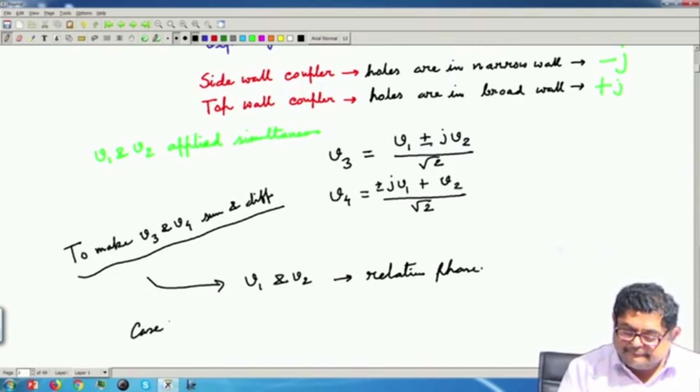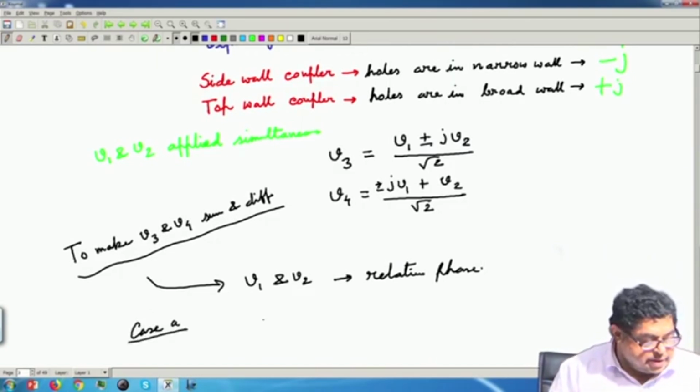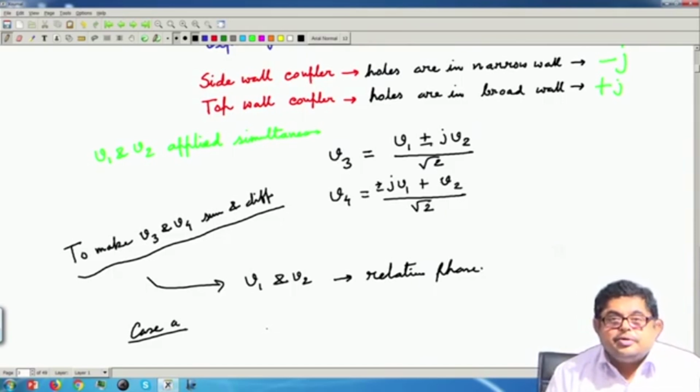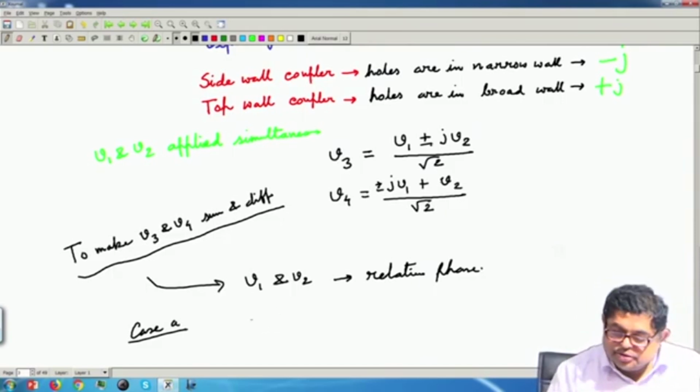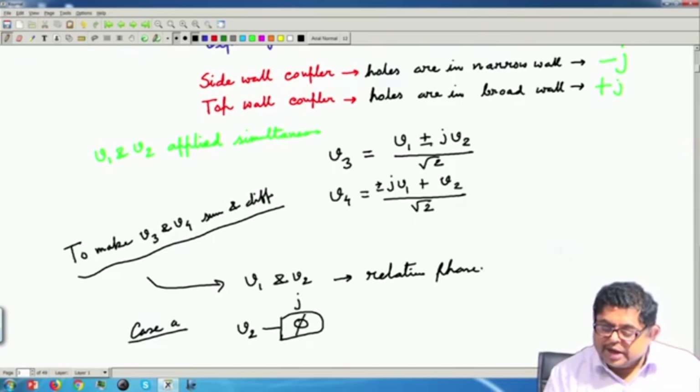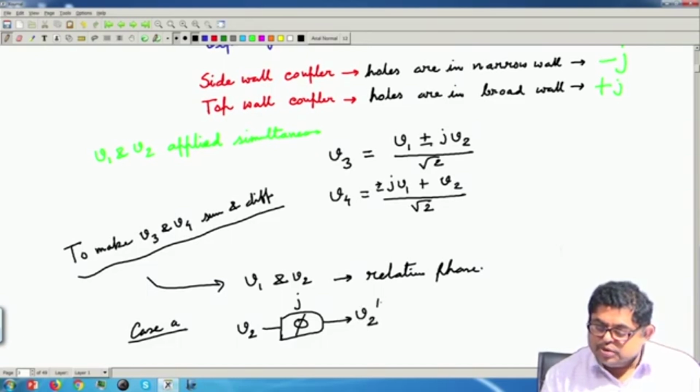Suppose case A, that we put a phase shifter of phase shift 90 degree. That means the V2 signal that we put to a phase shifter gives, let us say, 90 degree phase, and we call that V2 dash.